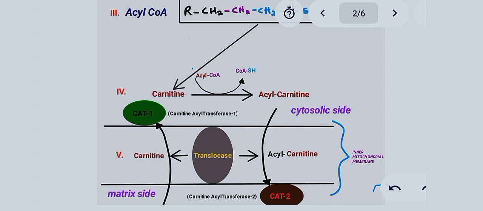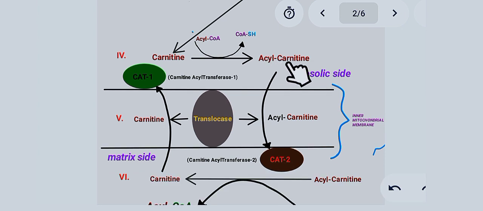So carnitine palmitoyltransferase 1, or carnitine acyltransferase 1, is converting acyl-CoA to acylcarnitine. How is it doing it? By removing coenzyme A and adding carnitine. Why are we making acylcarnitine? Acylcarnitine is important because it can cross the inner mitochondrial membrane into the mitochondria.